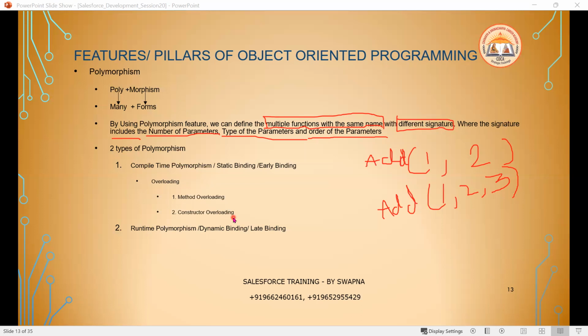And if you want to implement runtime polymorphism or dynamic binding, how can we implement it? Using the concept called overriding. By using overriding, we can implement runtime polymorphism. And overriding can be done only one way, which is method overriding. We cannot do constructor overriding.